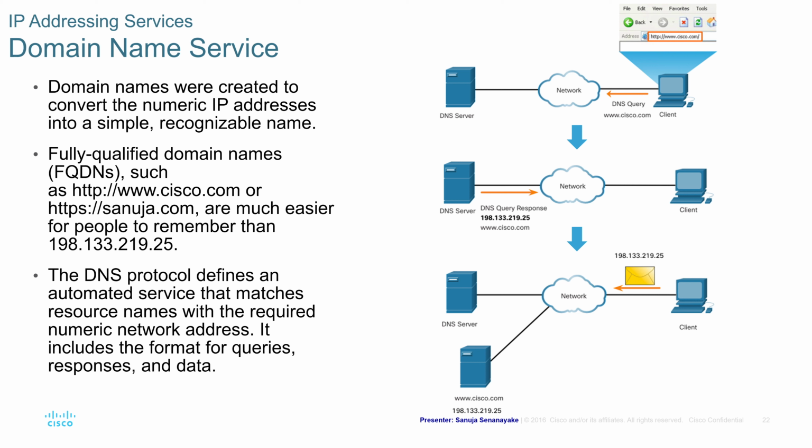I will go over what a DNS message format looks like on our next slide. But in this slide, what you need to remember is that the primary reason we have FQDNs and DNS is because humans can remember Cisco.com or Sanuja.com as opposed to remembering the IP addresses associated with these websites.